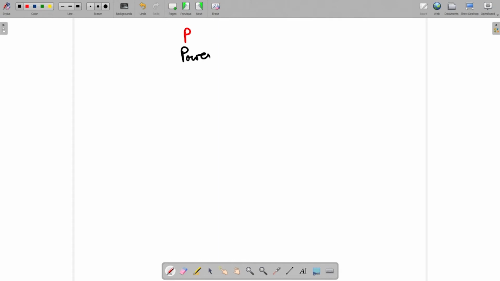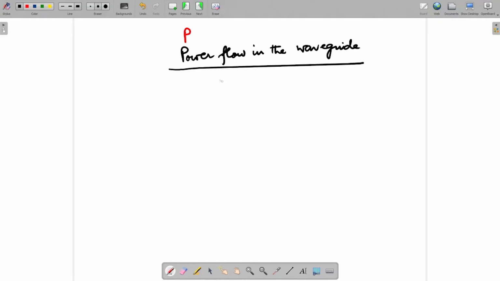Let us consider the TE to z mode. The case of the TM to z mode can be similarly obtained.